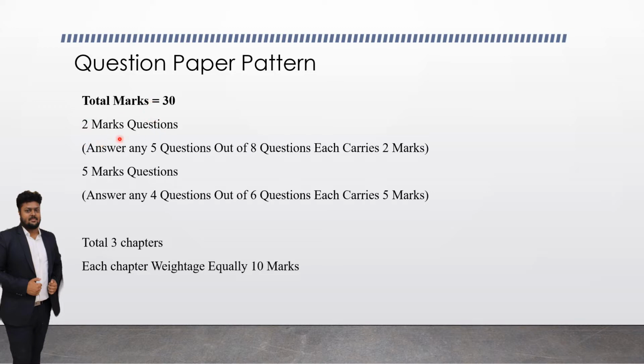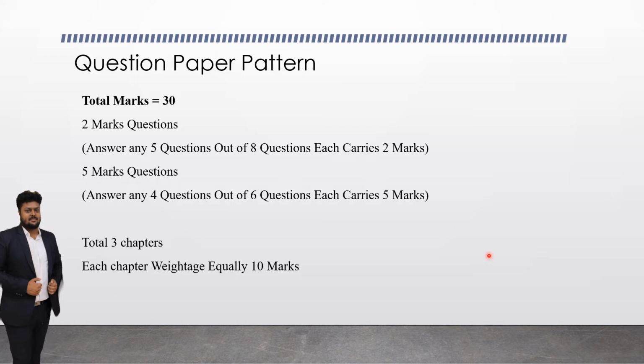In the 2 marks questions you will have 5 questions out of 8, and you need to answer any 5, each carrying 2 marks. So 5 twos are 10 marks. You will also have 5 marks questions, where you need to answer any 4 out of 6, each carrying 5 marks. So 5 fours are 20. In total it is 30 marks for writing.